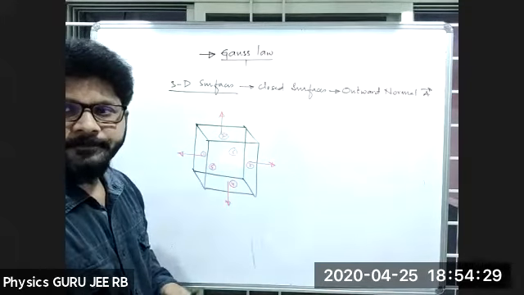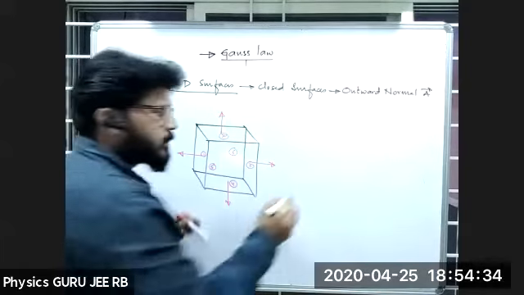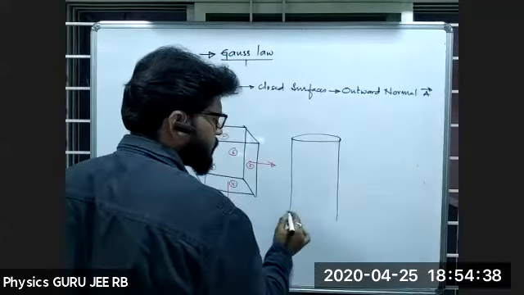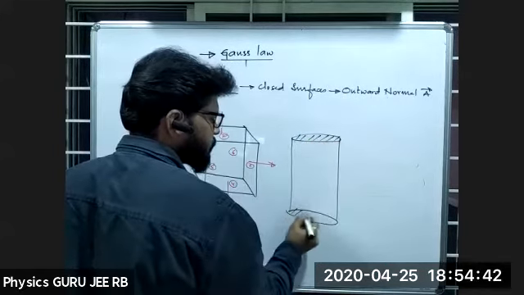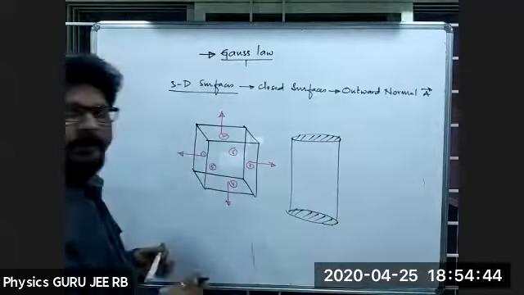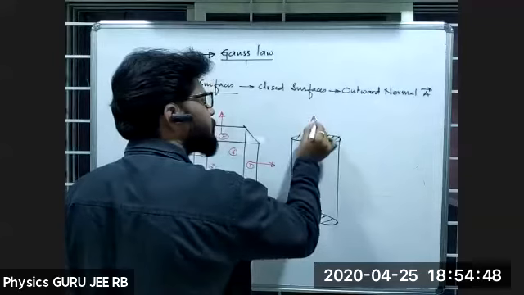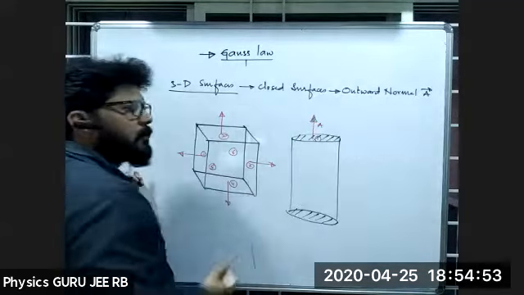Okay. Next, if you take a cylinder, it's nothing but a cylinder. Here we have the first surface, where the area vector is the outward normal.